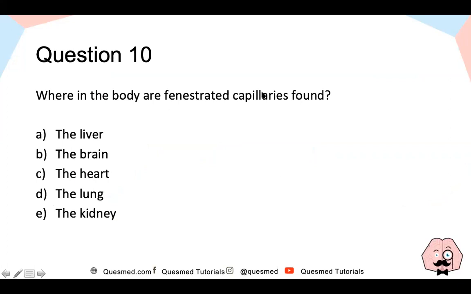Question 10, where in the body are fenestrated capillaries found? Is it the liver, the brain, the heart, the lung, or the kidney?